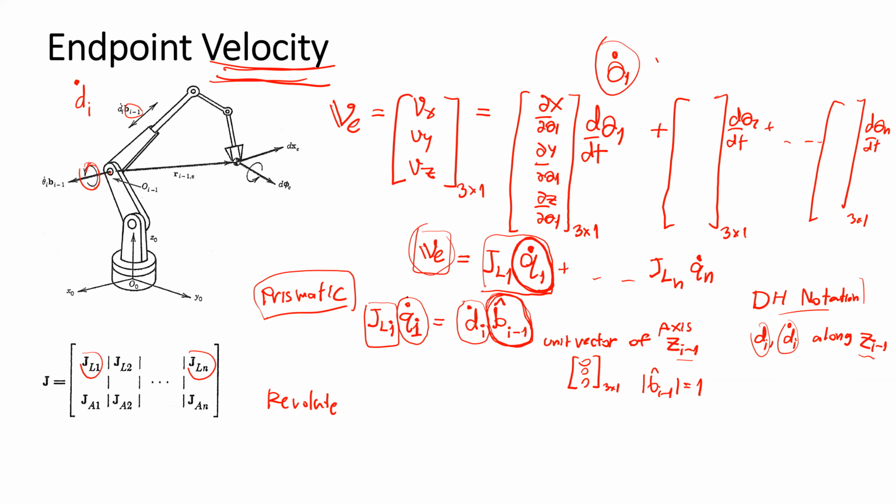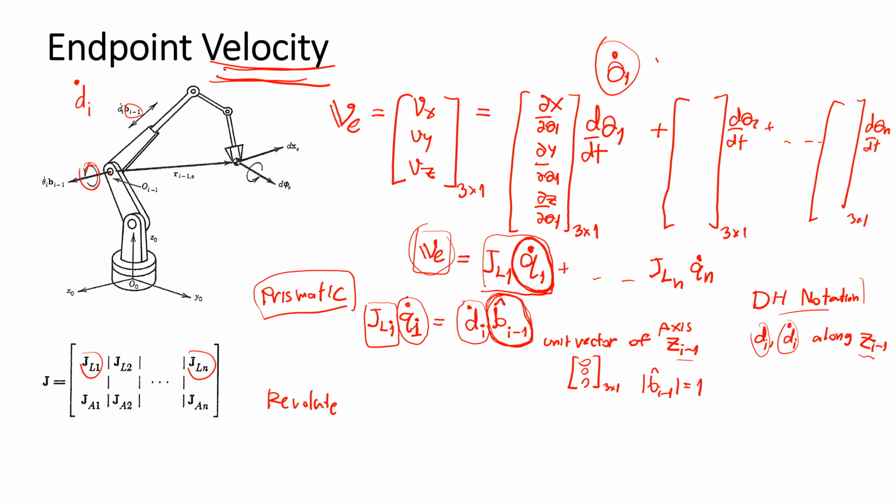But by meaning, the omega vector of joint i is described by the magnitude of angular velocity multiplied by the unit vector.